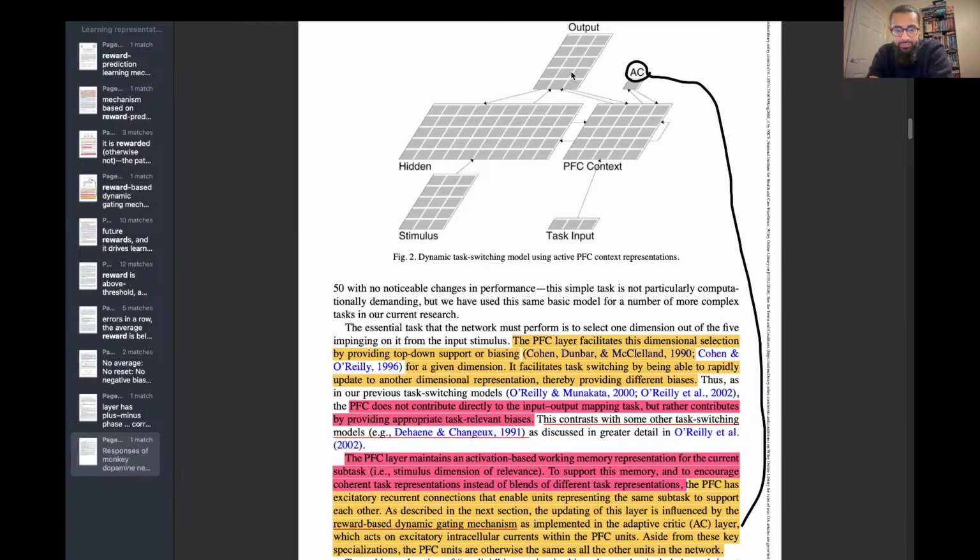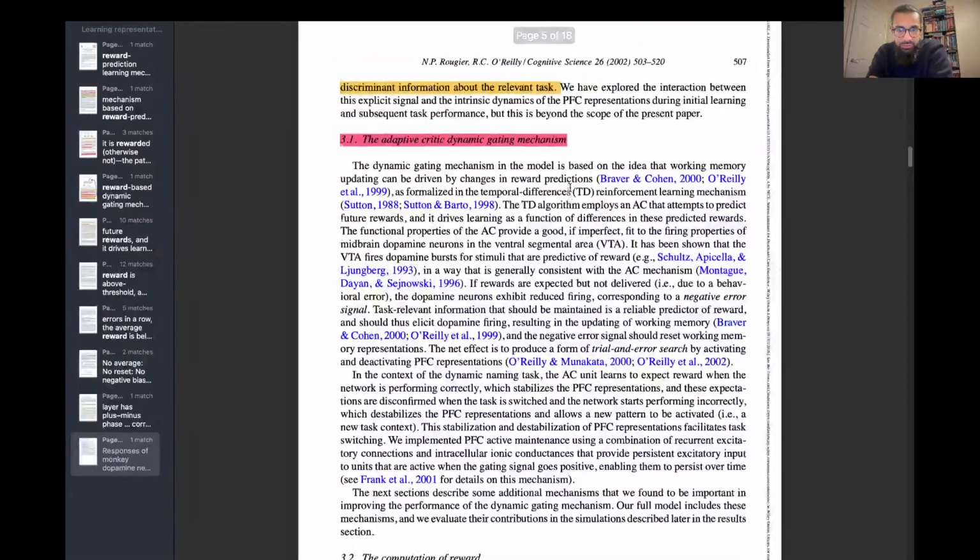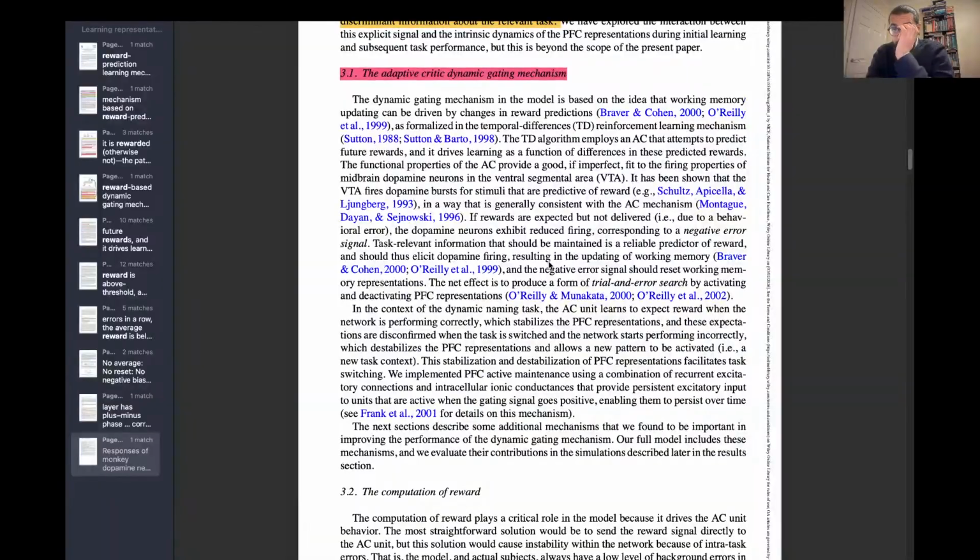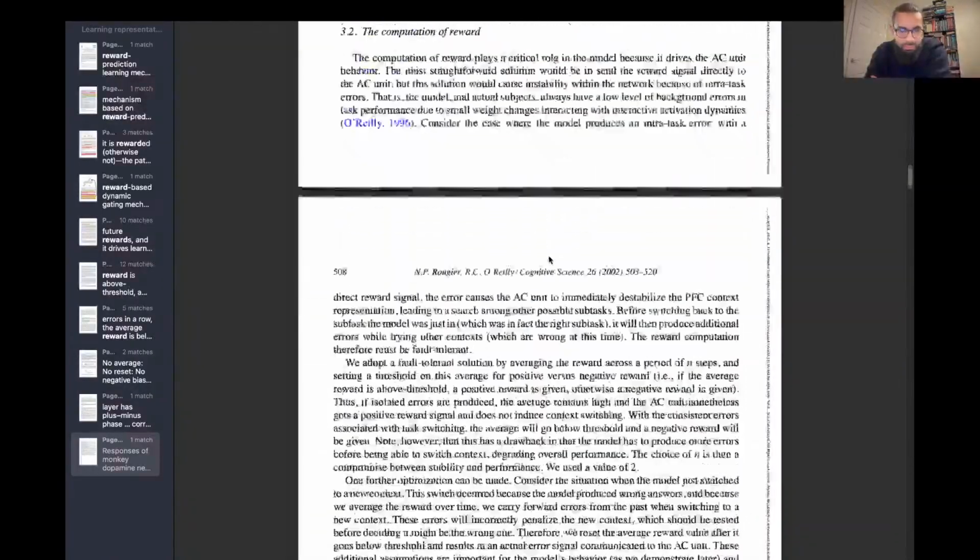The output is the final result. So yeah, just trying to essentially understand this bit.